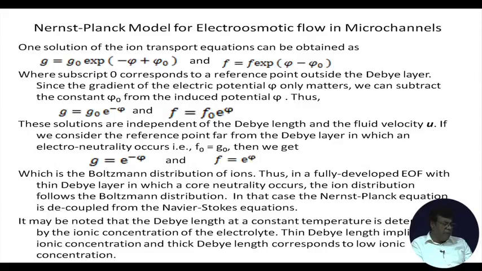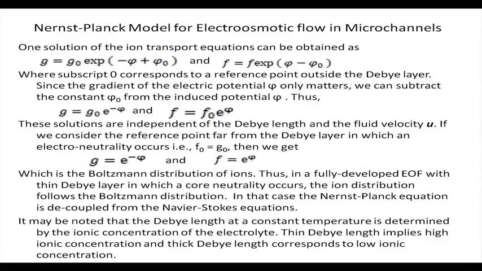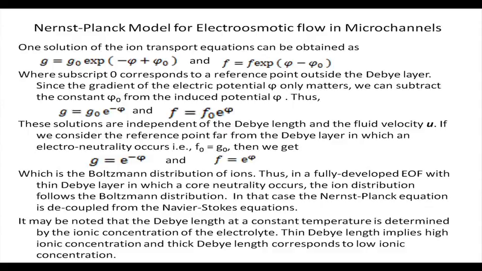When we say thin Debye length, we have to understand that the concentration of the electrolyte is high, and if it is a thick Debye length, that implies the concentration of electrolyte is low.